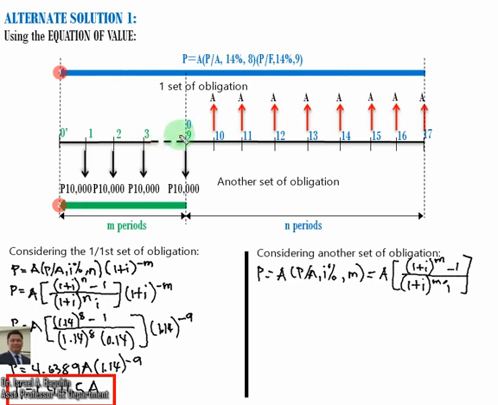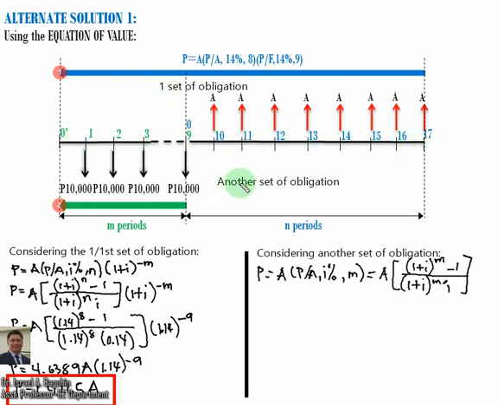There was a non-payment of this annuity. So that is why this factor here is only applicable for this one set of obligation on top of this horizontal line here.